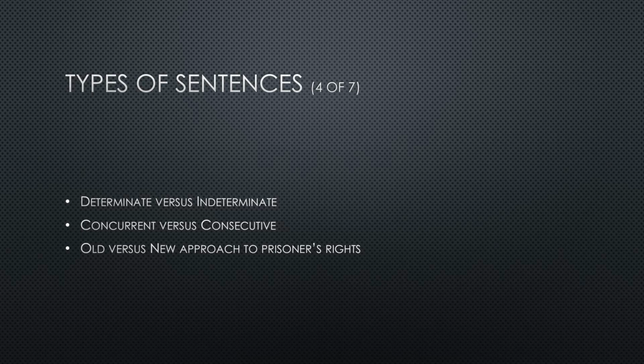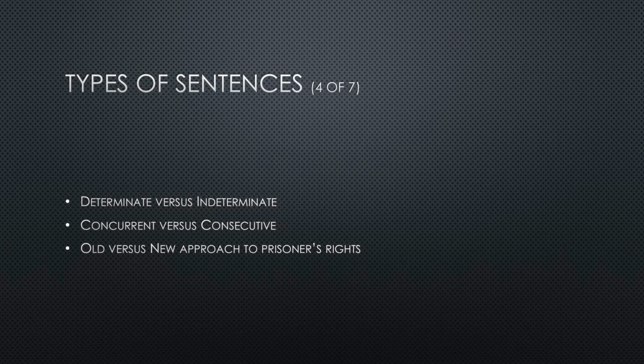Concurrent versus consecutive. Imagine if you had a 5-year prison sentence for 3 individual victims. Well, the court would have to decide whether you were going to serve those 5-year sentences concurrently or consecutively, or stacked. So if the judge stacked them, the person would spend a total of 15 years in prison.